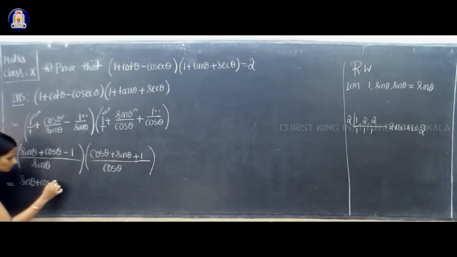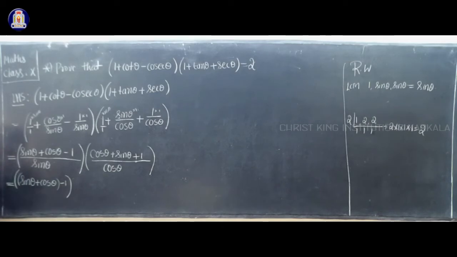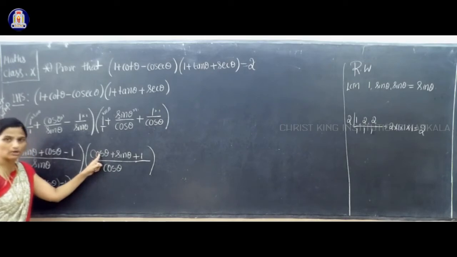I will combine sin theta plus cos theta together, give minus 1 as it is, and put a bracket. This is important for 3 or 4 marks. Say sin theta plus cos theta, sin theta plus cos theta.